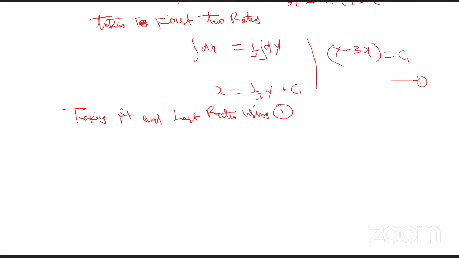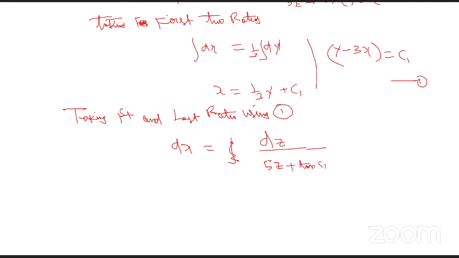What is the first ratio? dx by 1. What is the last ratio? dz by 5z plus tan c1.